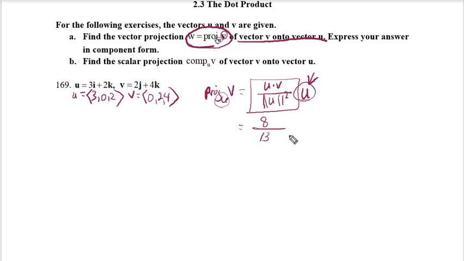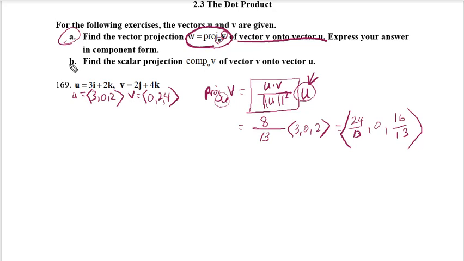And so that is what I've got in the box, and that's times the vector 302. So that comes out to be 3 times 8 is 24/13, 0 and 16/13. So there's the projection of V onto U.